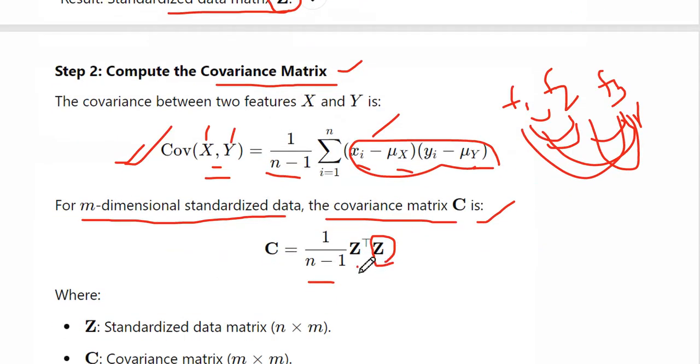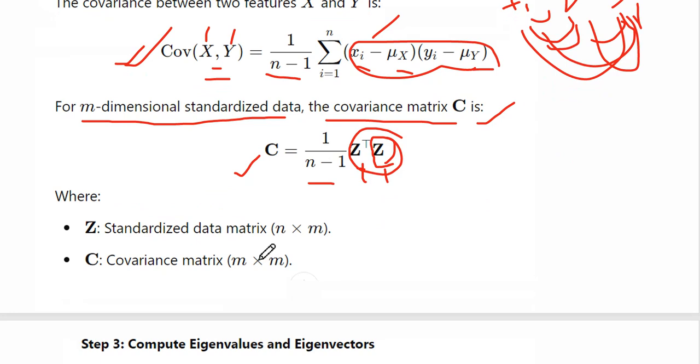We transpose Z, multiply Z transpose with Z, and multiply by 1 by n minus 1.